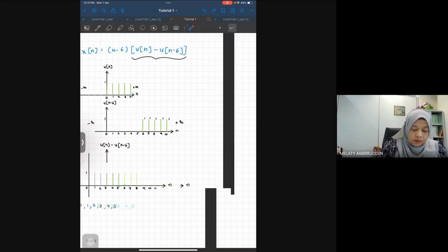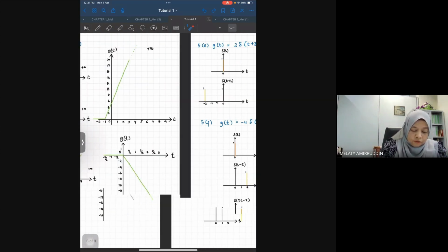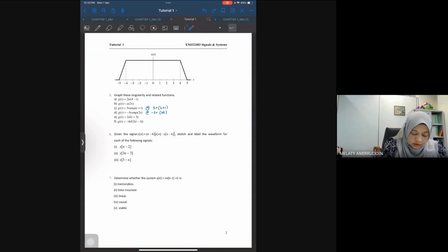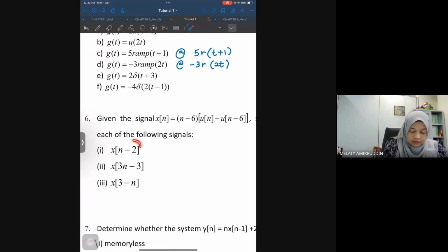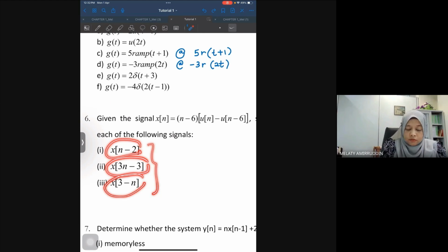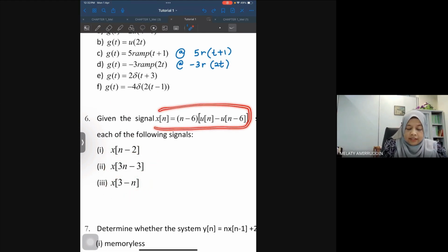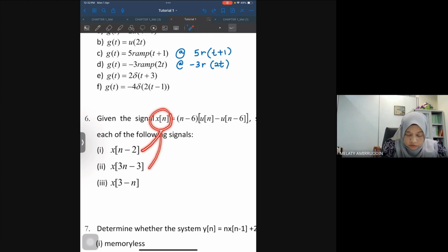Next class we will continue with the question of how to solve x[n - 2], x[3n - 3], and x[3 - n]. This one you can actually do by yourself because you already have the signal of x[n] here, which I already drew for you. So from x[n], you can find x[n - 2], x[3n - 3], and x[3 - n]. Do it by yourself.